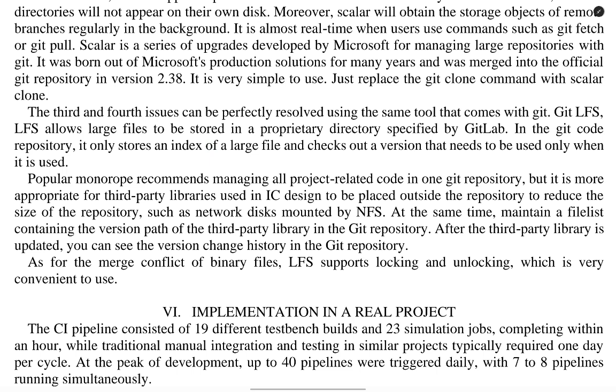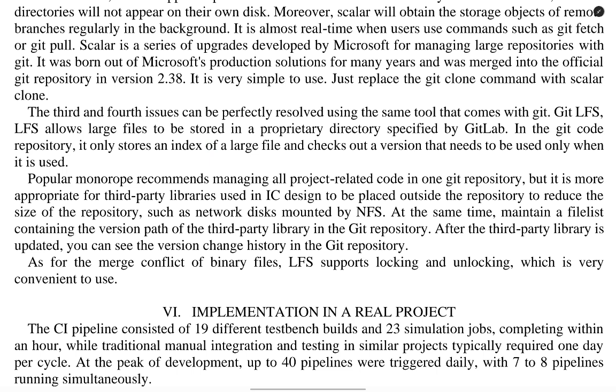Popular mono-repo recommends managing all project-related code in one Git repository, but it is more appropriate to place third-party binaries of third-party libraries used in IC design outside the repository to reduce its size, such as on network disks mounted by NFS.